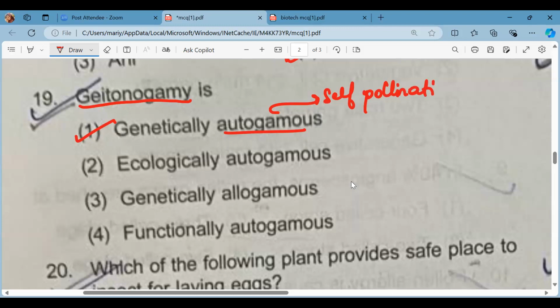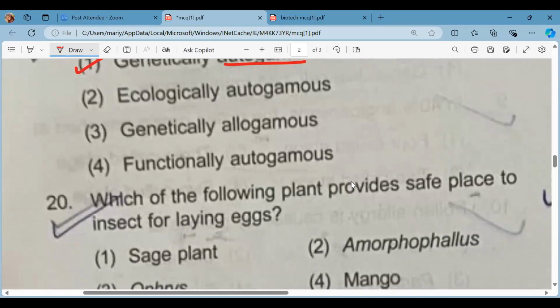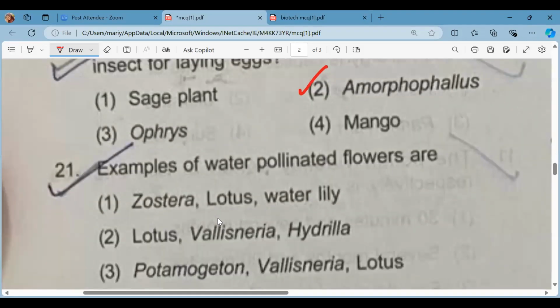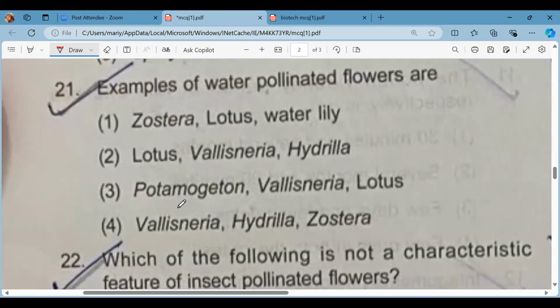Yes. All right. Now, which of the following plants provides a safe place for the insect to lay their eggs? Amorphophallus. Correct. Now, the examples of water pollinated flowers.